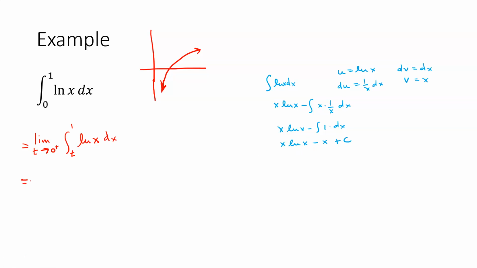So let's put the answer in here. So we got the limit as t approaches 0 from the right of the integral of ln x, which we showed here was x ln x minus x. And then we'll evaluate from t to 1.